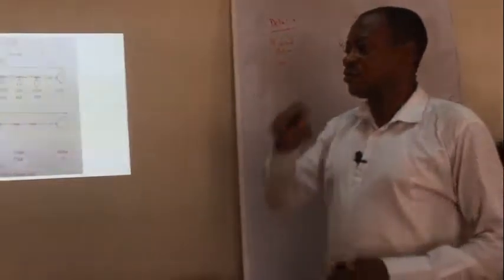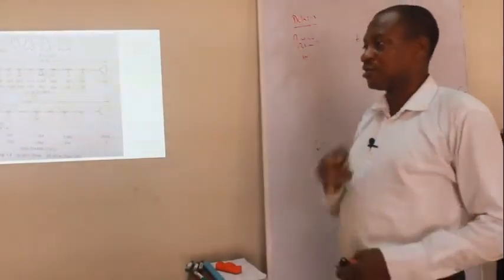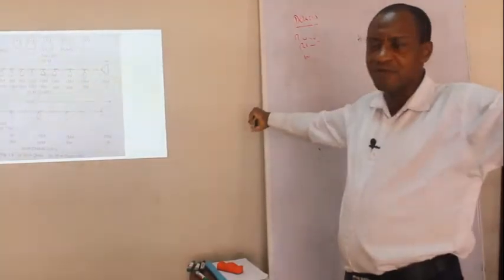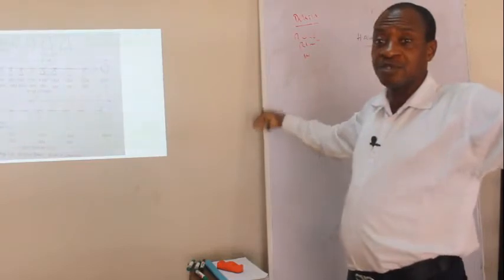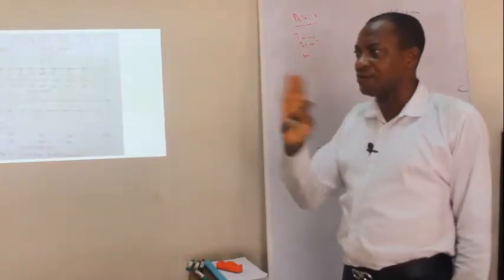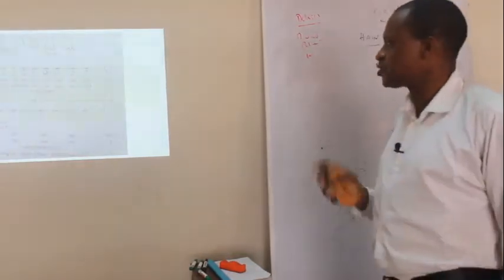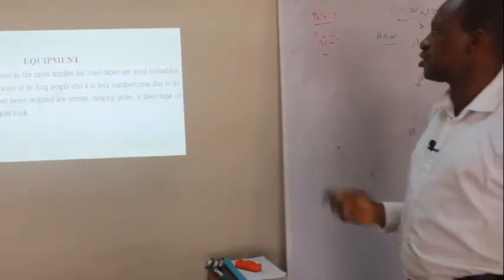If you look at it now, and I make a line like this, it means the angle between my arm and this line is 90. Look at me as I stretch my hands. The whole of this is 180 degrees because it's an angle in a straight line. So we have various ways of determining a rough estimate of angle. So that is that. Now let's look at the equipment.